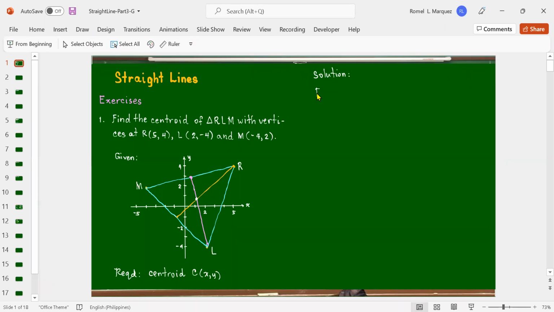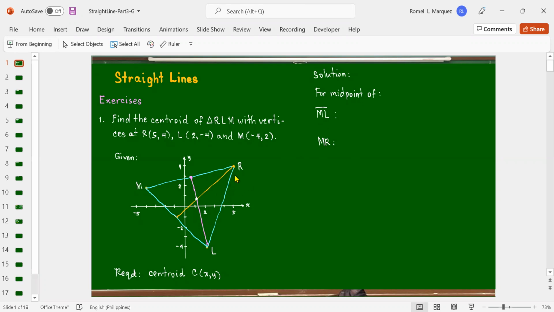For the midpoints, first we have the midpoint of segment ML and MR. Okay, guys?